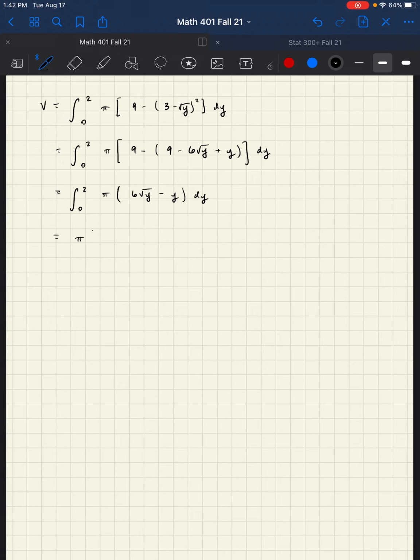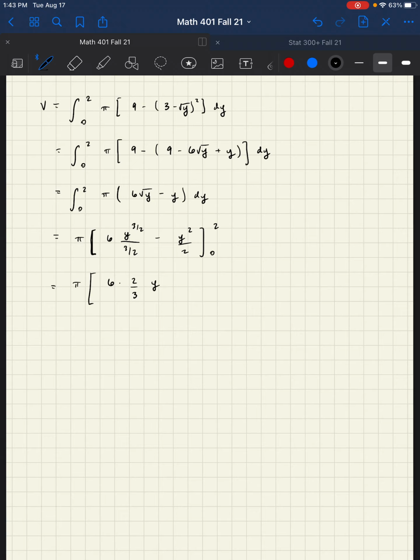And then we integrate that, so it's going to be pi times, remember that's y to the 1/2. So when you integrate that, you're going to have a 3/2 in the denominator, and y raised to the 3/2. 0 to 2.